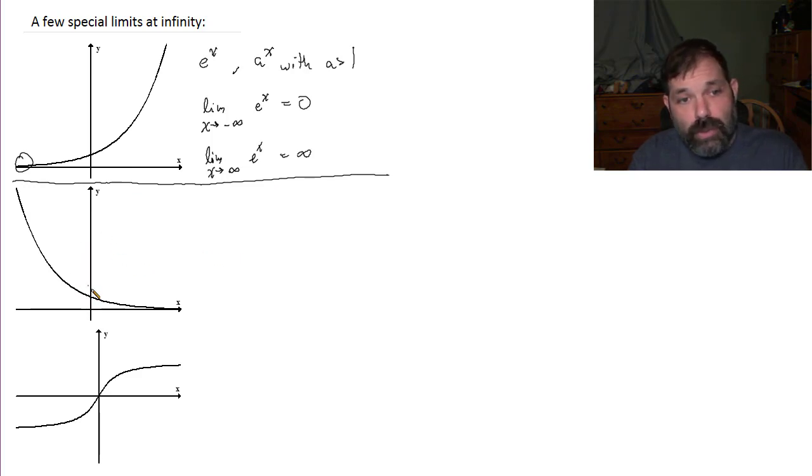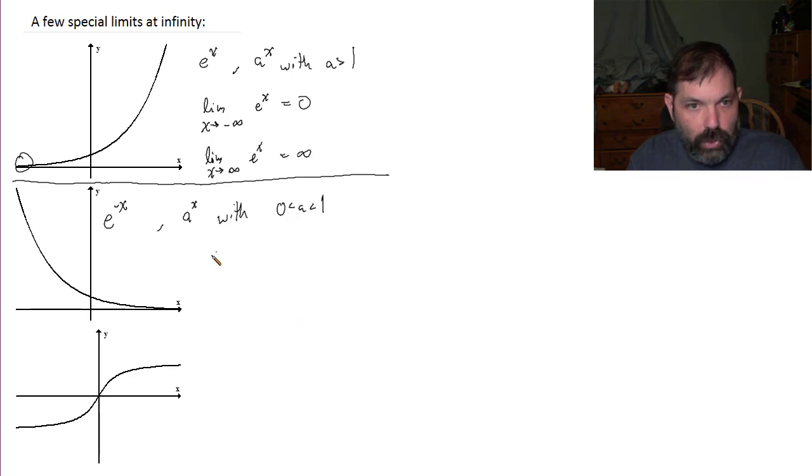And the second function, do you know what it is? This is the function e to the negative x, or a to the x with a between 0 and 1. All right, so I'll just talk about the e to the negative x, because that's what we tend to use the most.